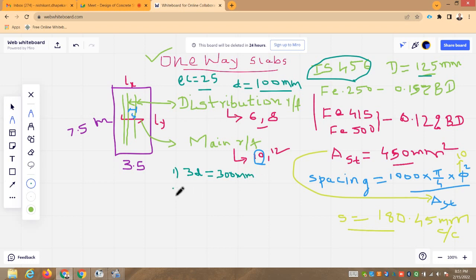The second criterion is 300 millimeters. In this case we have actually obtained the same value. If there had been 300 and 270, you would have to select 270. You have to choose the minimum of these two.